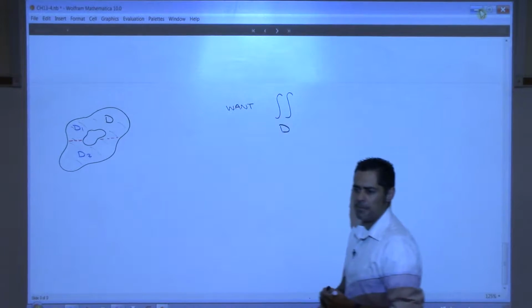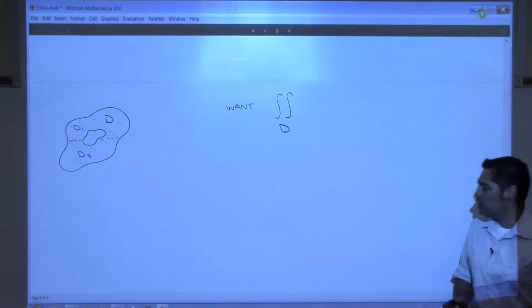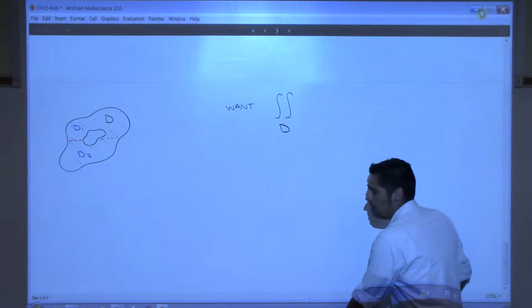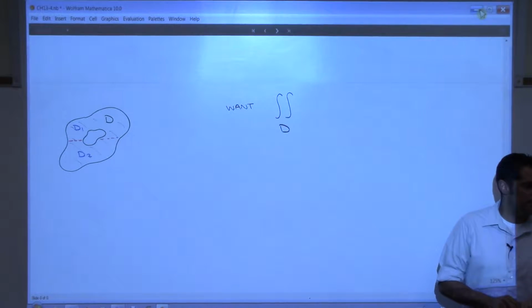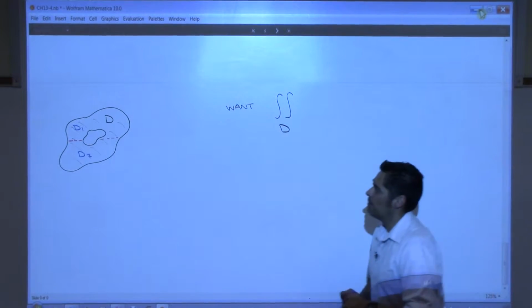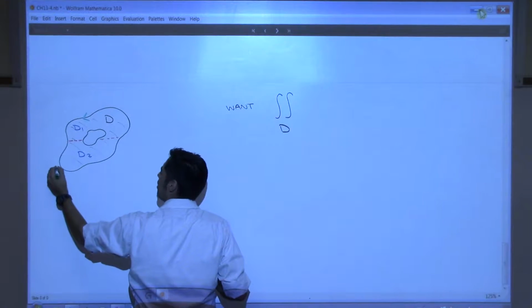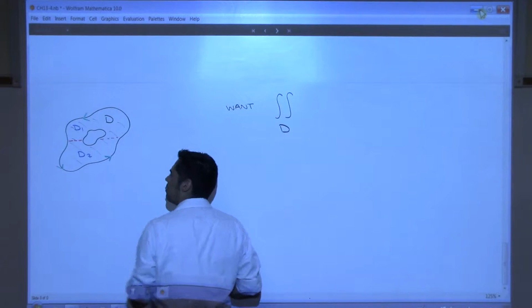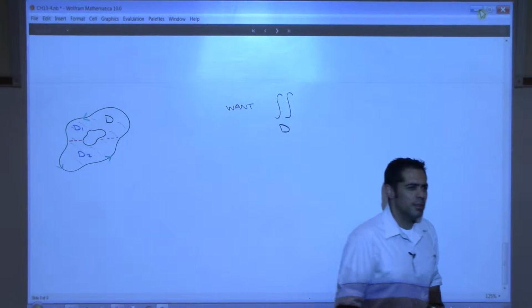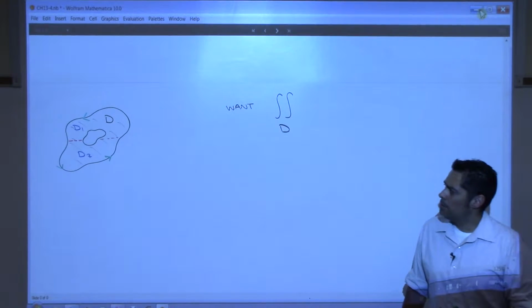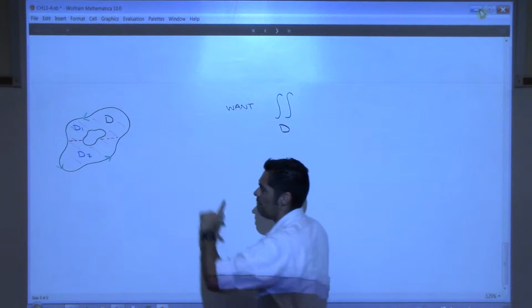All right? I am also going to define two paths on this object here. The first path is going to go in this direction, counterclockwise, which is positive orientation or negative? Positive orientation is counterclockwise.